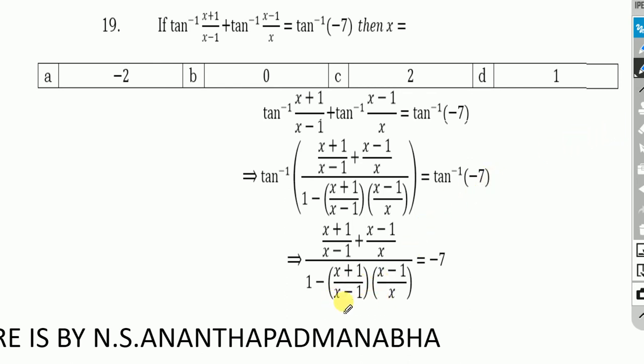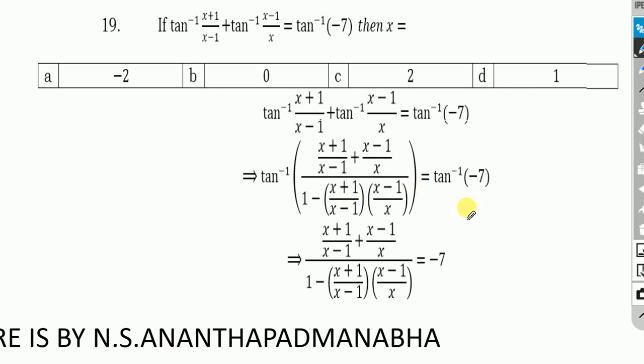Here I have x square minus x minus of (x plus 1) into (x minus 1), which is x square minus 1, which is minus x square plus 1. So that is I can write here.